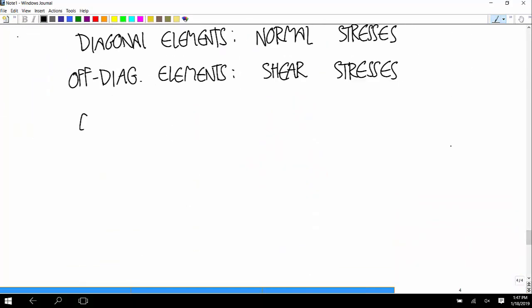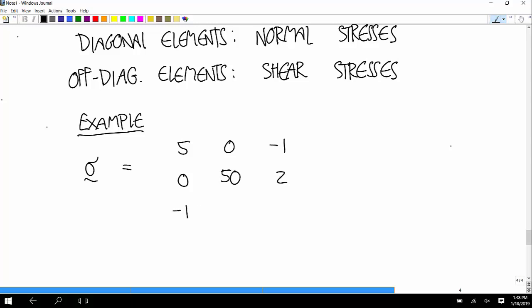Okay, so let's say your stress tensor is 5, 0, -1, then this would have to be 0. Let's say this is 50, 2, then this would have to be -1, 2, and let's say this is -10.